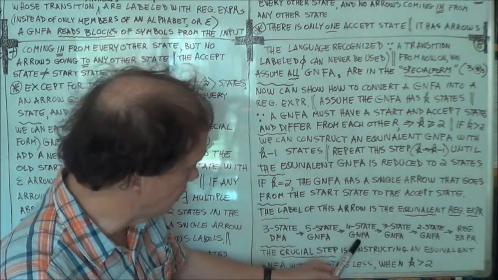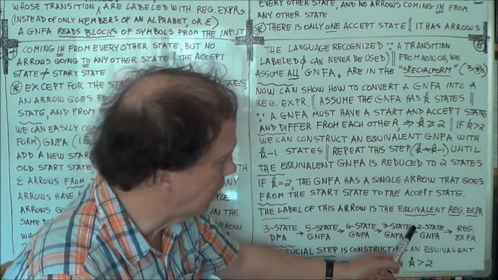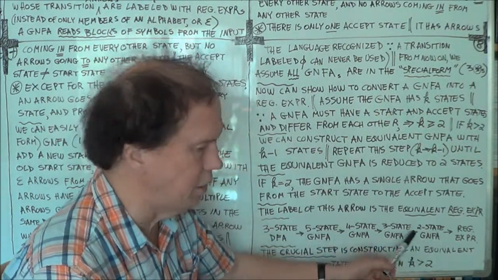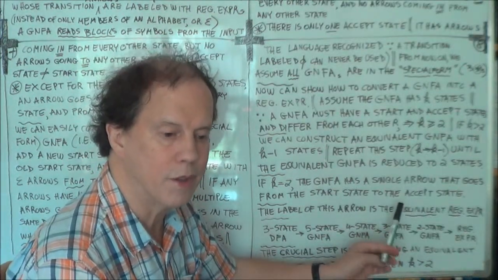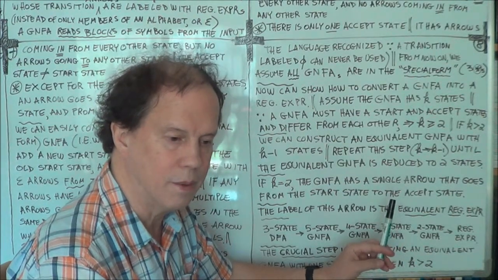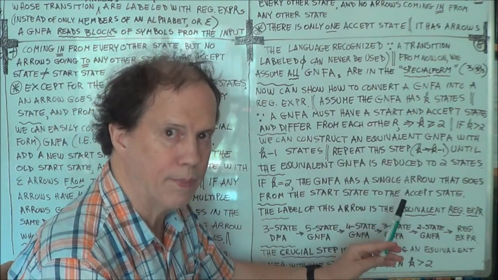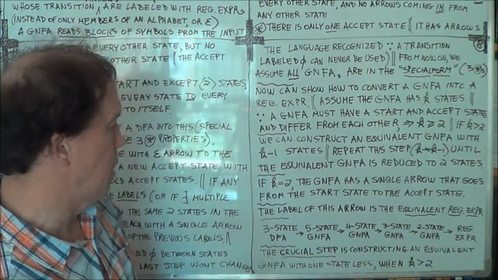So you go to a 4-state GNFA, then a 3-state GNFA, then a 2-state GNFA, and then from the 2-state GNFA you look at the label on the transition arrow from the start state to the accept state, and that's your regular expression. You get it there.